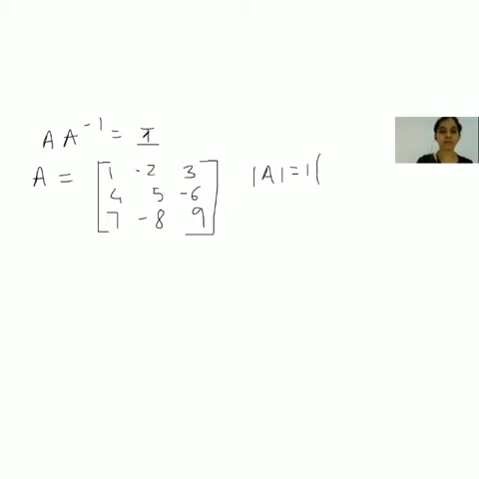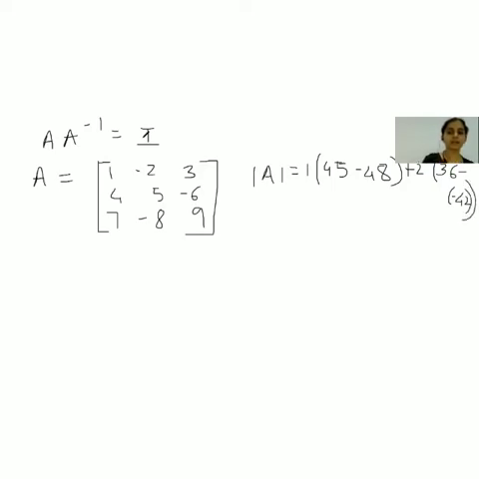So 1 multiplied by 45 minus 48. Minus of minus is plus 2 multiplied by 36 minus 42.